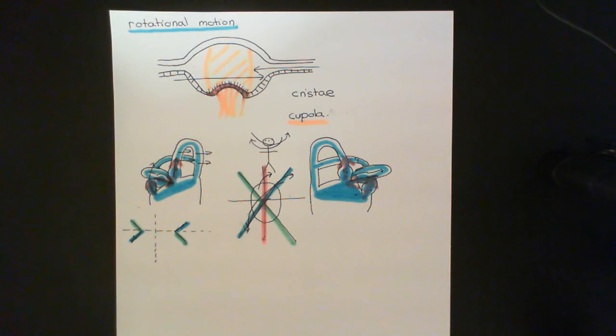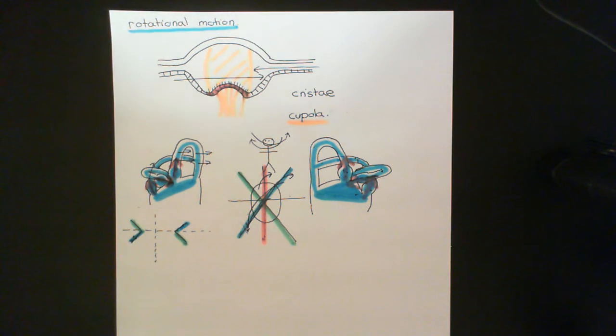The cristae in the anterior semicircular duct on one side will then be partnered with a crista in the contralateral posterior semicircular duct, and when one is activated the other will be inactivated.